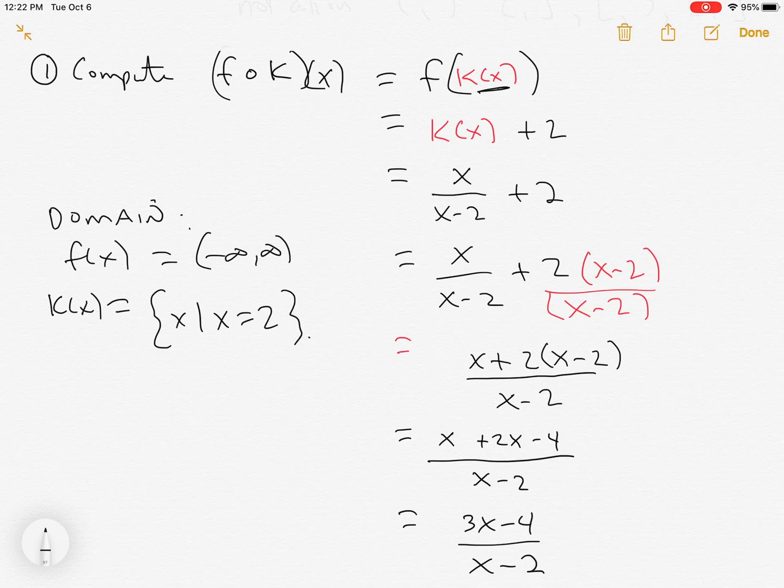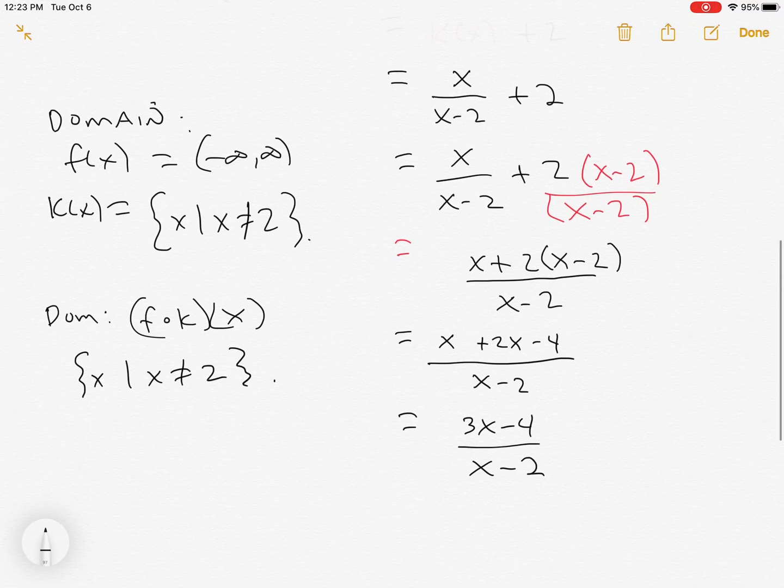And so you look at the intersection of these two, so the domain of f composed with k is all x such that x is not equal to 2.